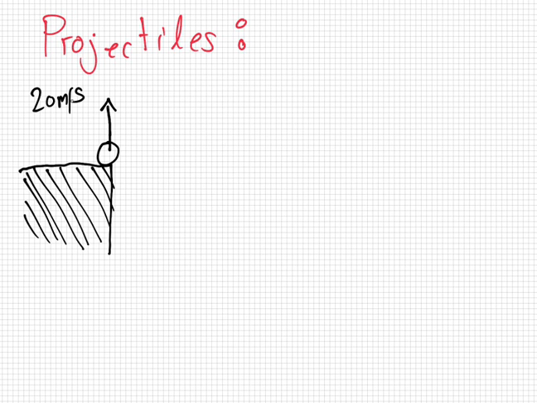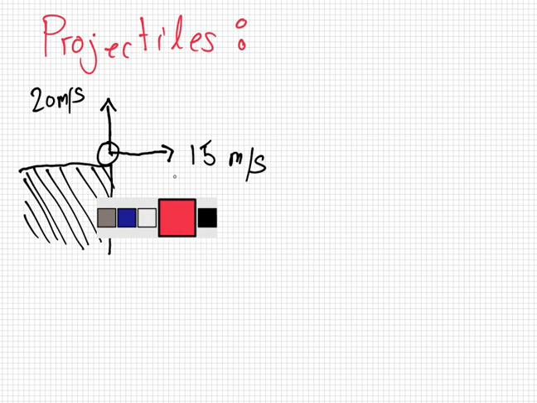Now, let's add to this problem. Let's say the ball is also going horizontal with speed 10. Now, let's make it actually a bit easier. Sorry, 15. So last time, what did the ball do? It just went up and down.